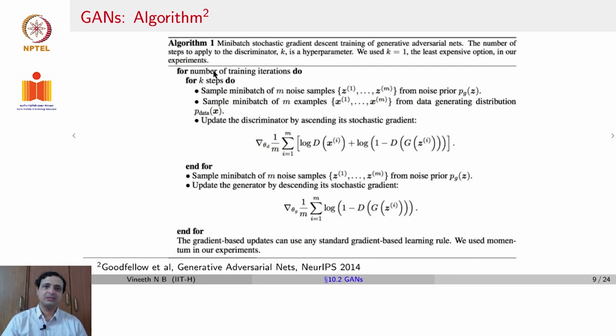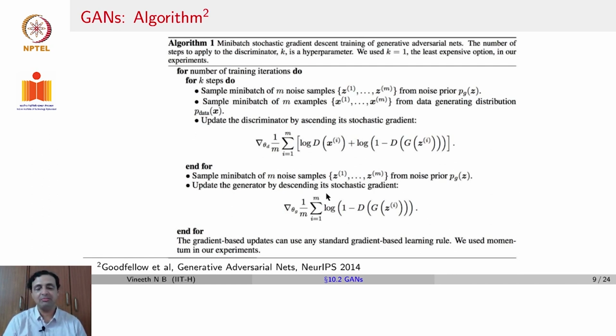So for k steps, you update the discriminator. It's not yet completely trained. Once you've done it for k steps, now switch over and train the generator. So you sample a mini batch of m noise samples from the noise prior, and update the generator now by descending its stochastic gradient, because for the generator we wanted to minimize over the second term in the objective.